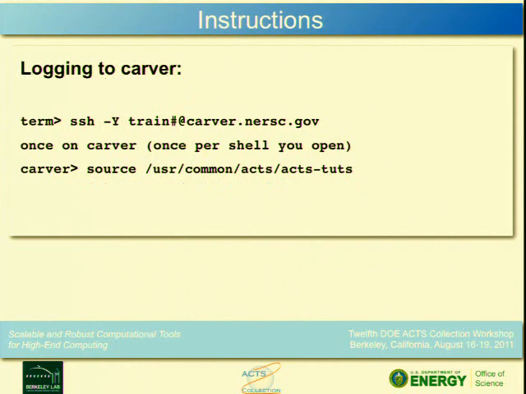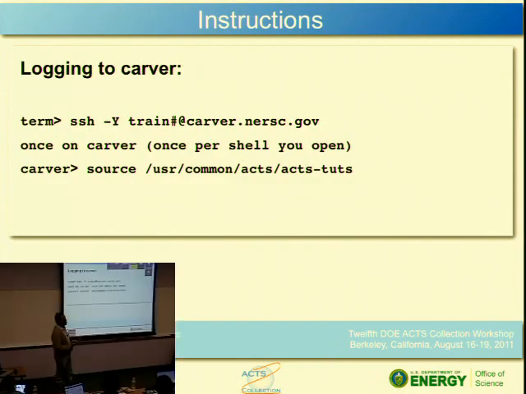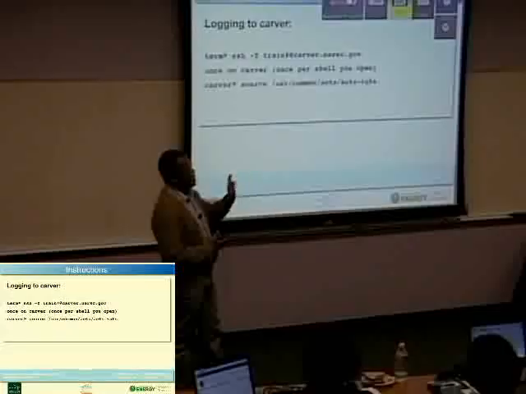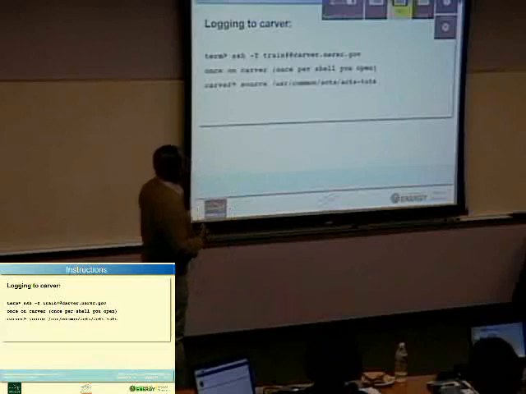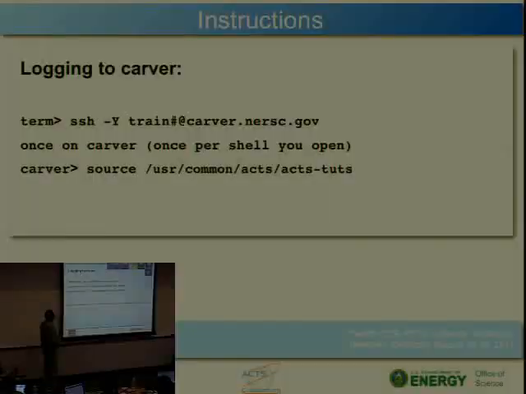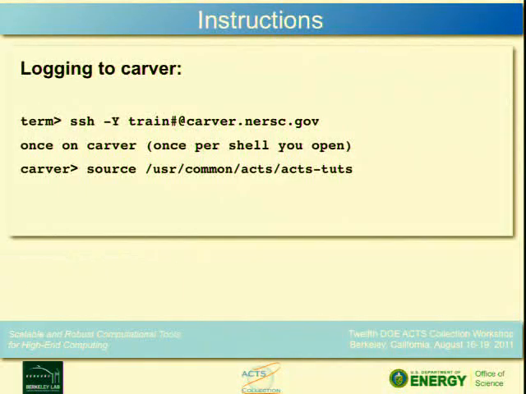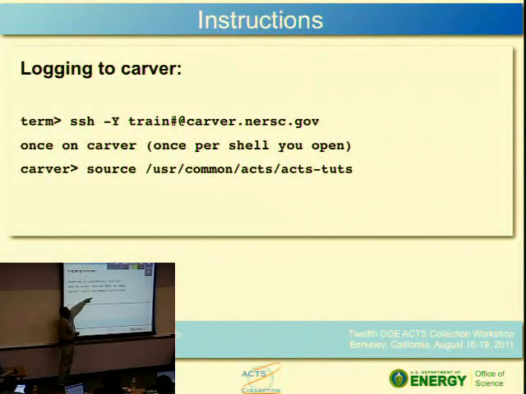So, we do SSH with -Y, or sometimes people use capital X, and this is so you can get your X Windows environment between Carver and your desktop or your laptop, for those of you that are using your laptops. And so remember to source the AxTuts per shell.